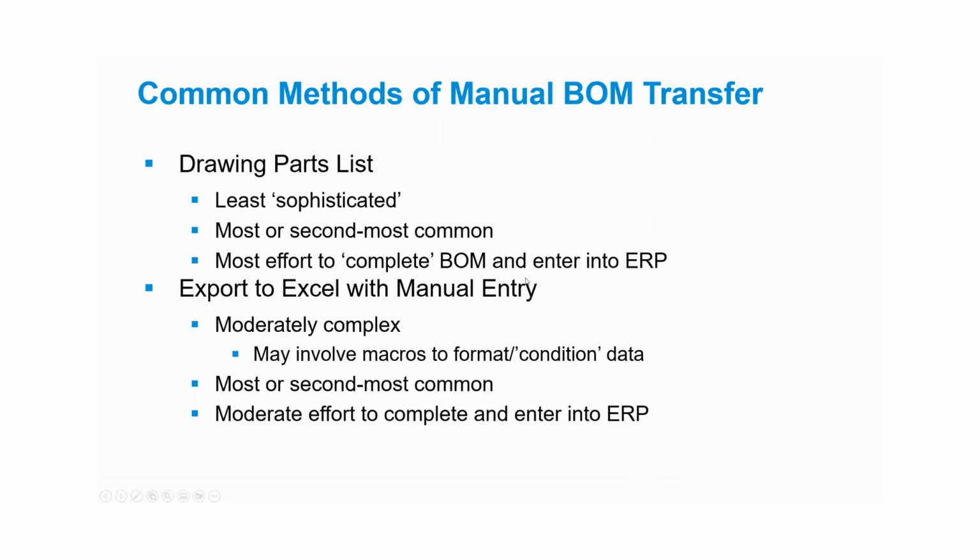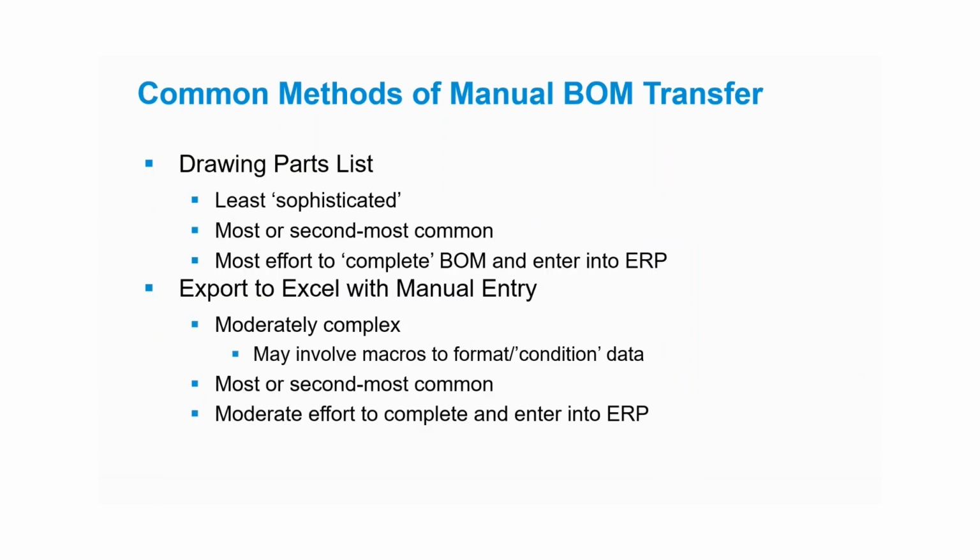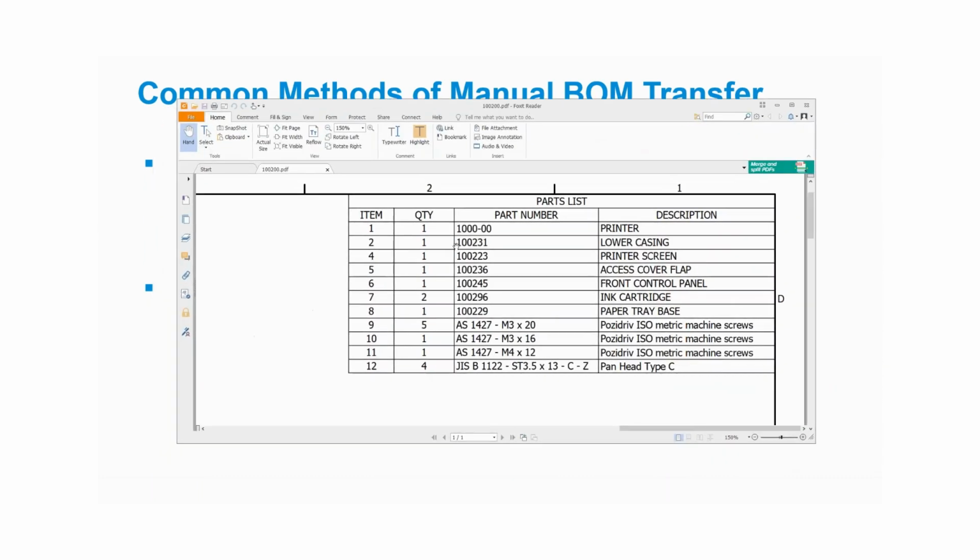So just to reiterate, if you start with your parts list, if that's how you're doing it today, you're taking a parts list and you're typing stuff in here, I would say that's the least efficient and sophisticated. It's either the most common or probably the second most common method that I see our customers using. And that's the most effort usually to get the BOM complete and put it into ERP, because someone is taking this parts list.